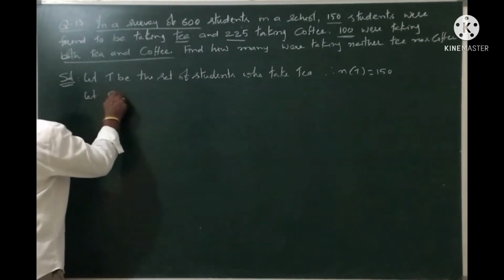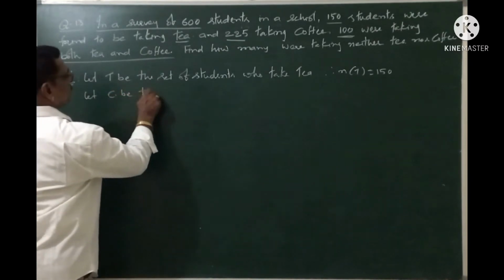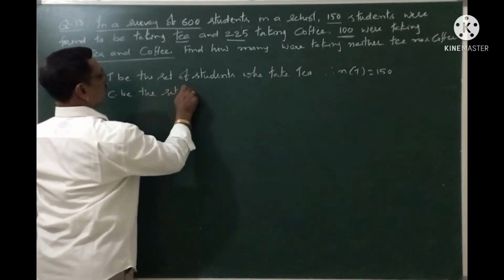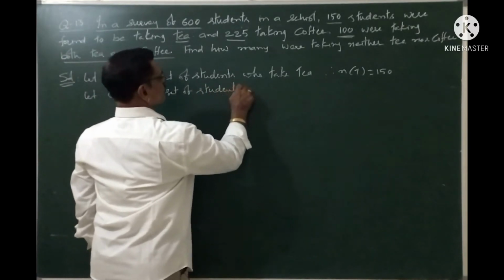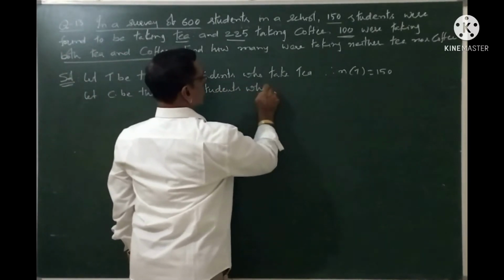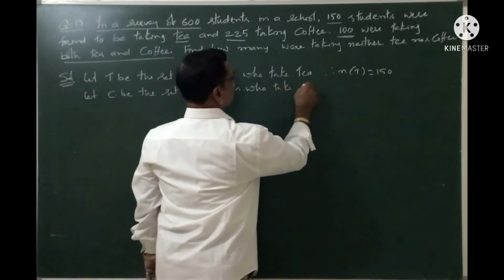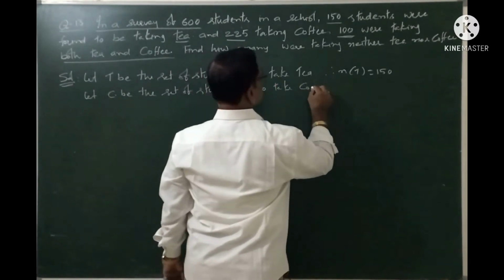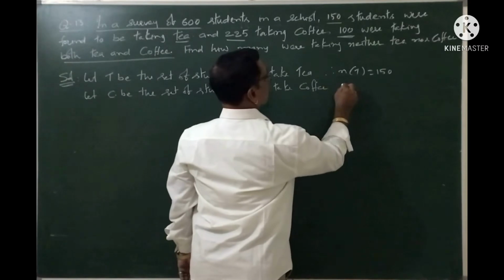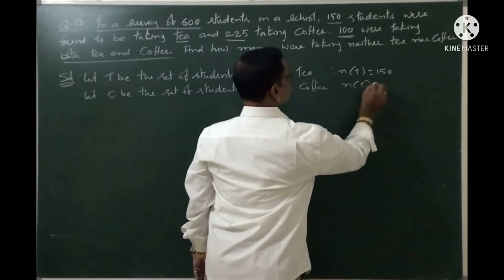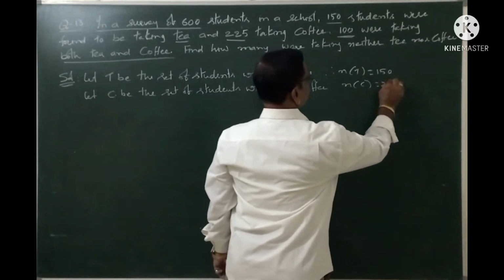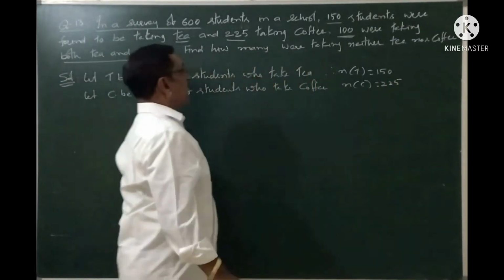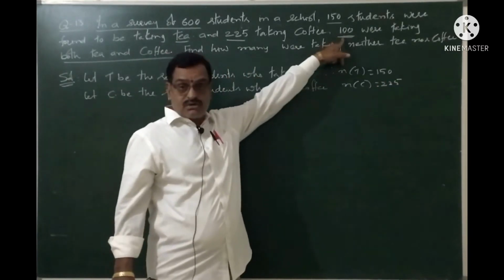Let C be the set of students who take coffee, and it is given that n of C is equal to 225, and this 100 represents both.